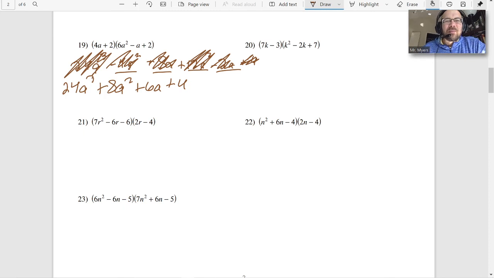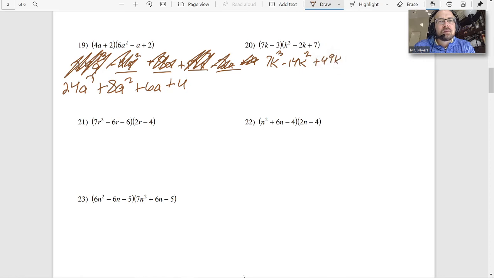Okay, a little bit more complicated, but as I go here, I won't spend as much time going over it. Like I was saying before, I'll speed up as I go, and we'll start consolidating a little faster. Okay, so then what we're going to do here is 7k times all the things in the rightmost parentheses. We're going to distribute the 7k. So 7k cubed. 7k times minus 2k, that's minus 14k squared. 7k times 7 is 49.